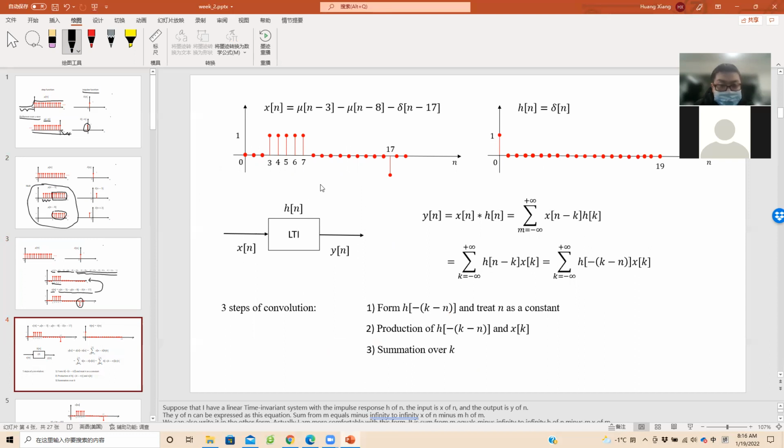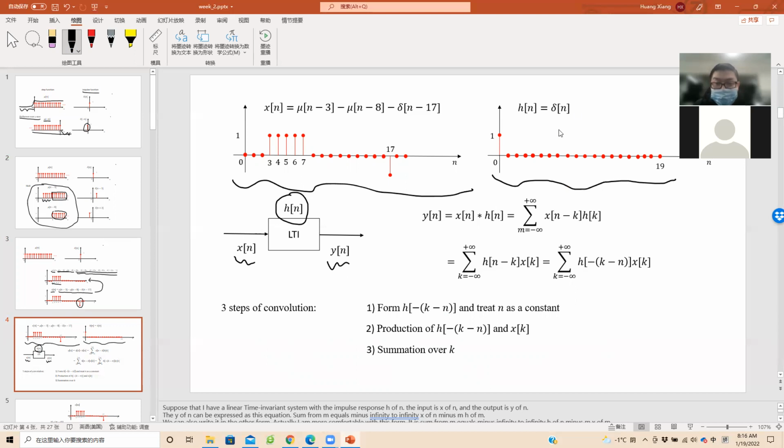Suppose that we have a linear time invariant system, and h of n is the impulse response, x is the input signal, and y is the output signal. Here x is the input signal, and h is the impulse response function. Both of them have the length of 20 samples.